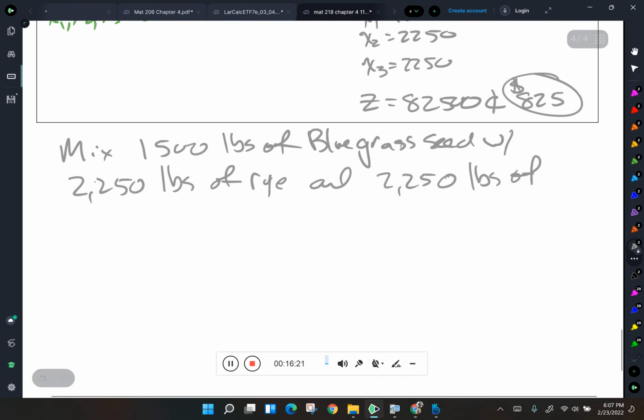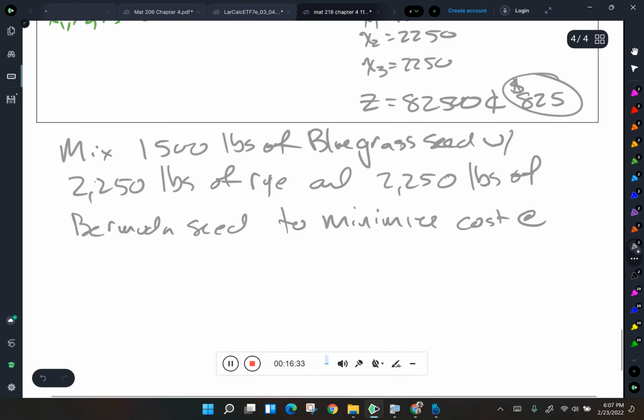Bermuda. To minimize cost at $825. And that brings us to the end.